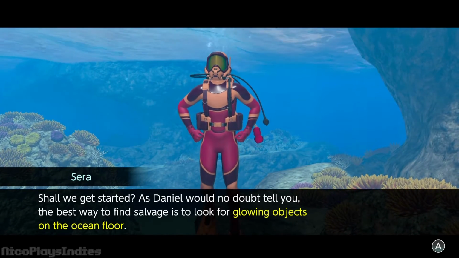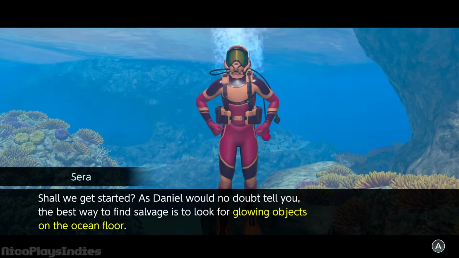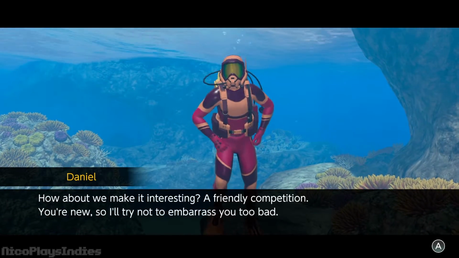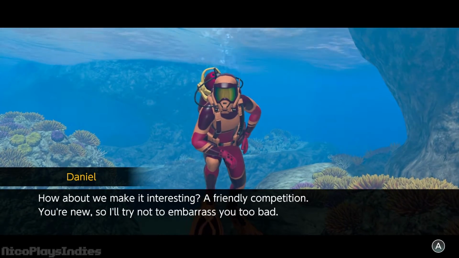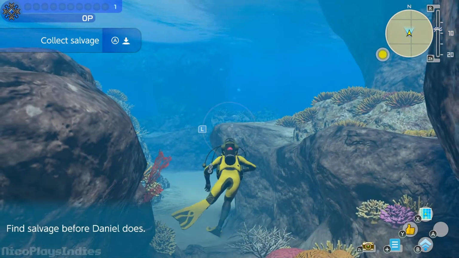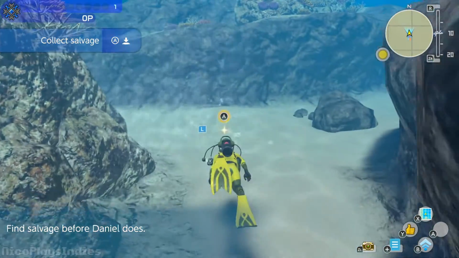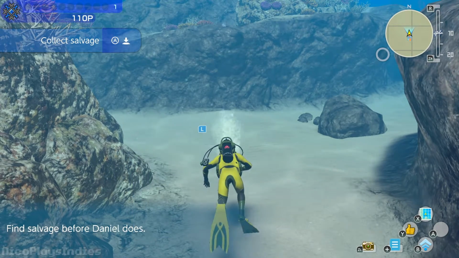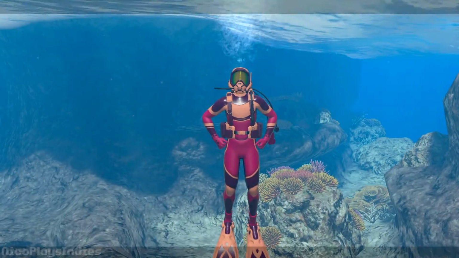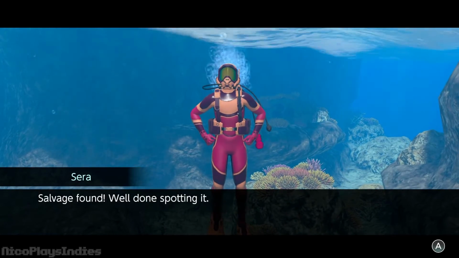As Daniel would no doubt tell you, the best way to find salvage is to look for glowing objects on the ocean floor. Salvage found. Well done spotting it.